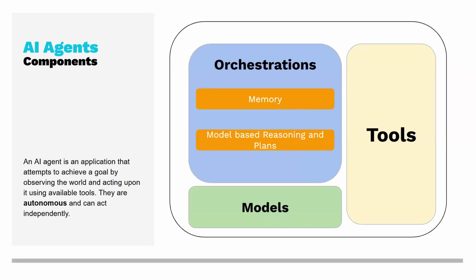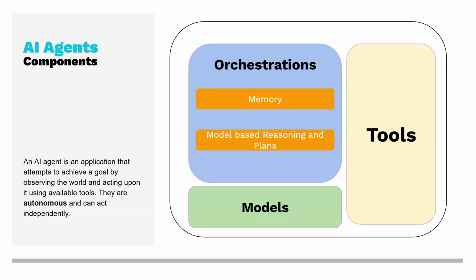All of those models are a sort of brain of your AI agents, and the orchestration is basically the memory space. Just like a human has its own memory, similarly AI agents have their own memory. For that purpose, we create an orchestration module, and the last part is the tools. When you connect all three components together, you create an AI agent module by itself.